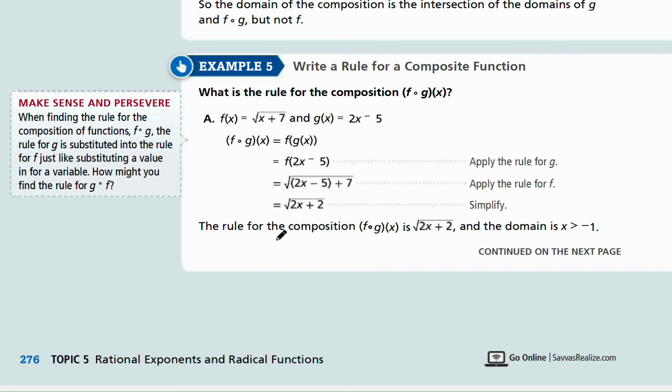If you simplify, you just have the square root of 2x plus 2. So the rule of the composition of f and g would be the square root of 2x plus 2. And the domain is everything greater than -1 because the radicand cannot be negative.